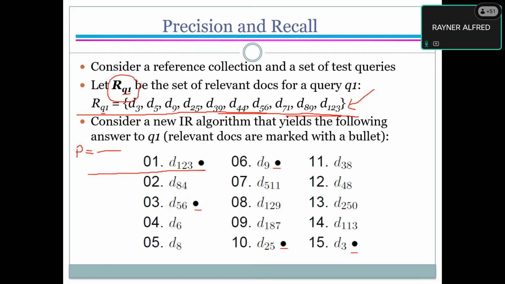What is the size of this? 1, right? And how many of them are relevant? Because we only have 1 and it is relevant, so this is 1. So at this point, the precision is 100%. Okay. And what is the recall? We know that we have how many relevant documents? 10. So we have 10 relevant documents, but only 1 we retrieve. So this is 10%, right?